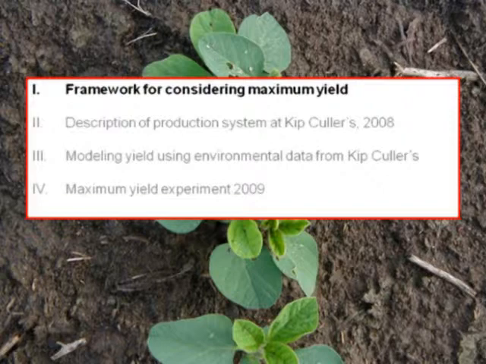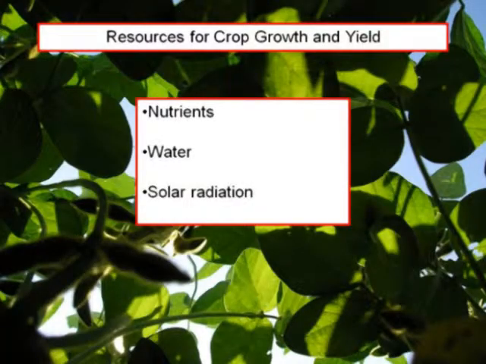We'll look at a little crop modeling exercise where we try to piece apart these different parts of the production system using a very simple but effective crop simulation model and what it can tell us about the production system at Mr. Culler's farm. And then finally, we'll look at some maximum yield research that the University of Arkansas has conducted, trying to emulate some of these practices from Mr. Culler's farm.